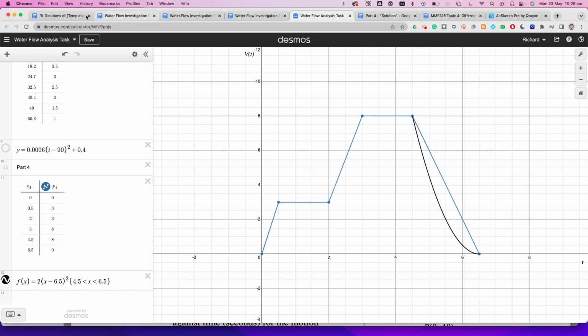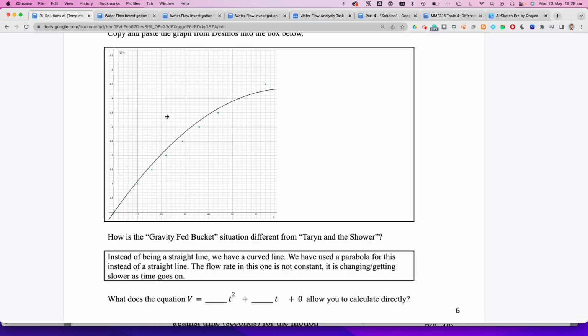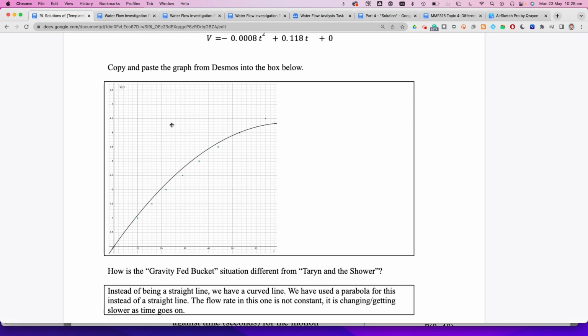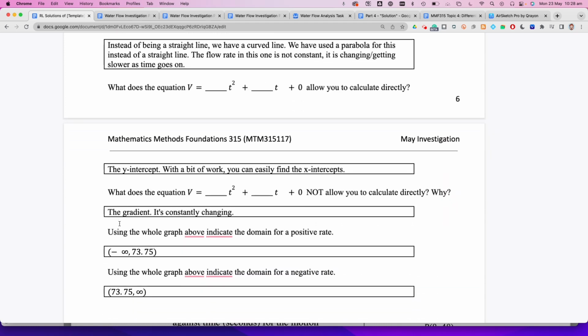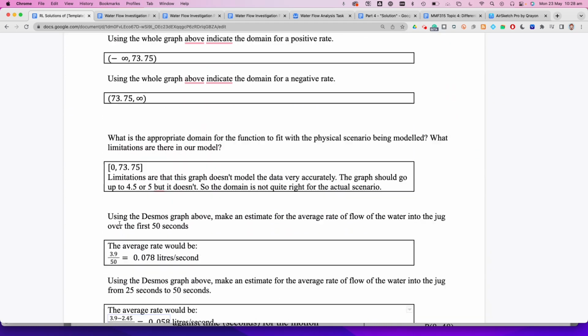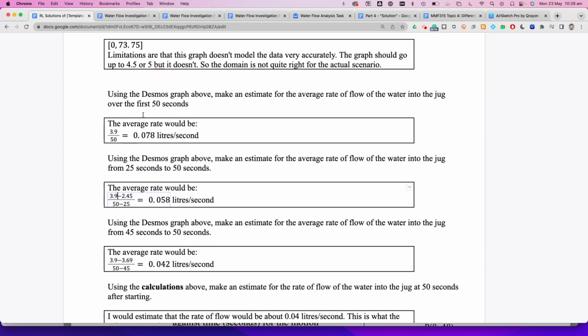If you have a look at, say, for example, part 2, and again, your calculations and graph will look different from mine because I use slightly different values. You were asked a bit further down to work out the average rate over the first 50 seconds, and you can see here I've got 3.9 over 50.